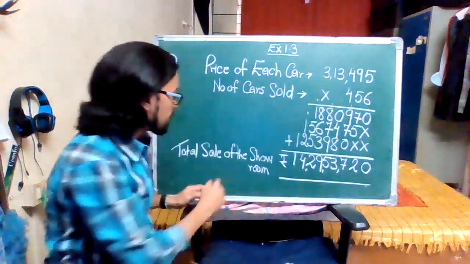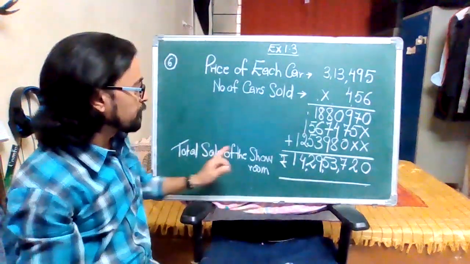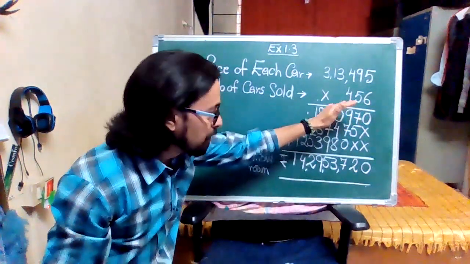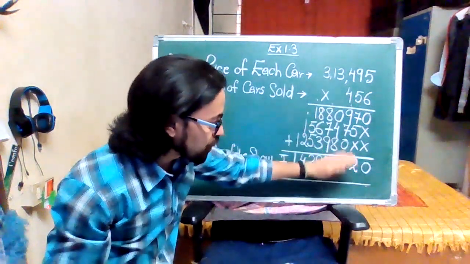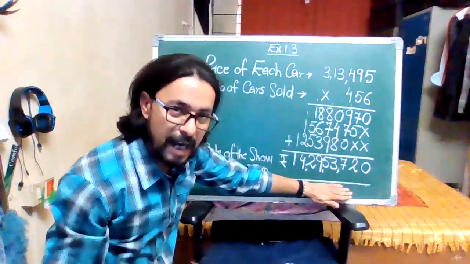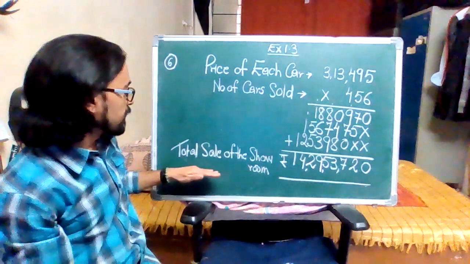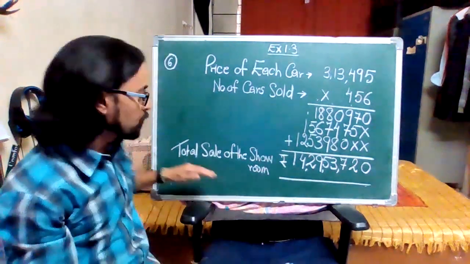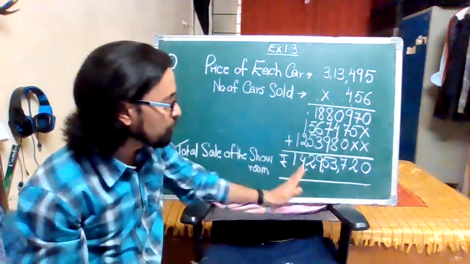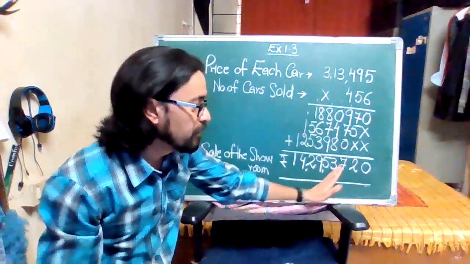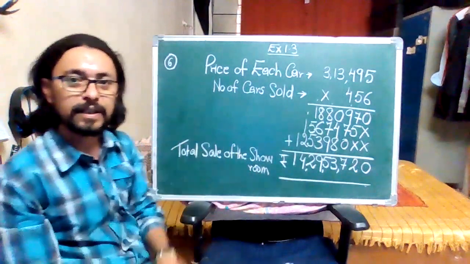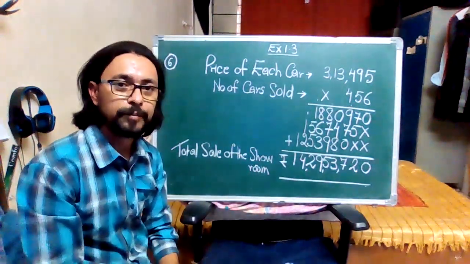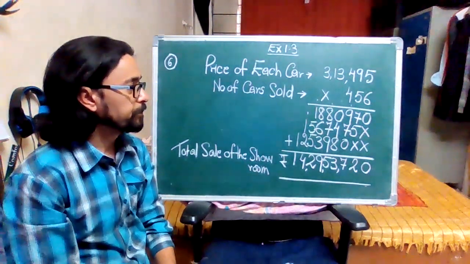In front of the answer, I will write total sale of the showroom rupees and the sum after multiplication and adding. That answers the question, what is the total sale of the showroom? Total sale of the showroom is rupees 14 crores 29 lakhs 53,720. So this is how you have to do this particular sum number 6.